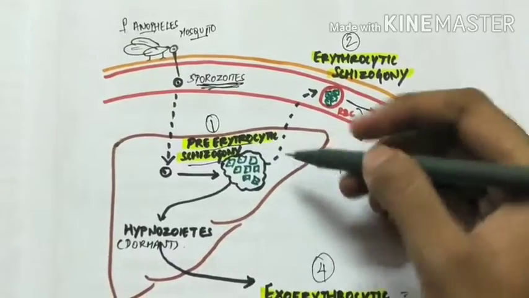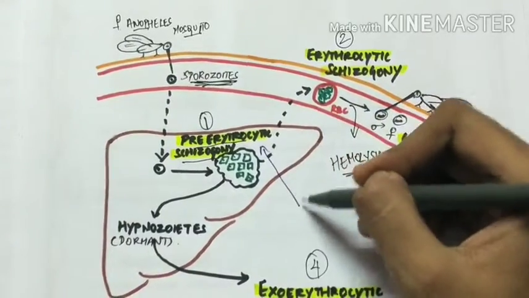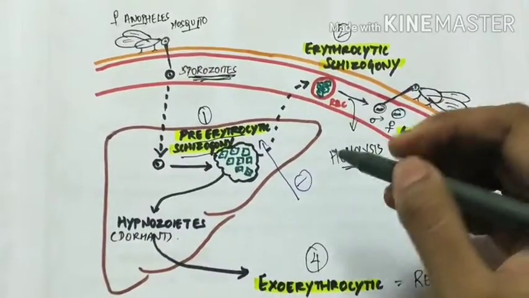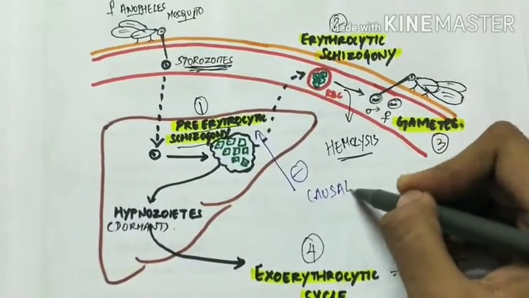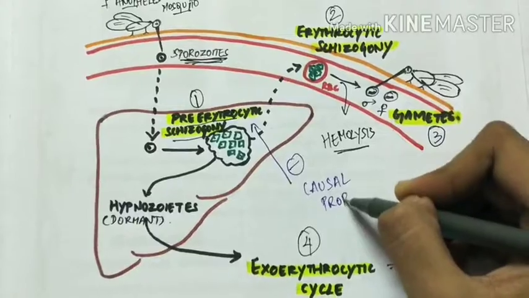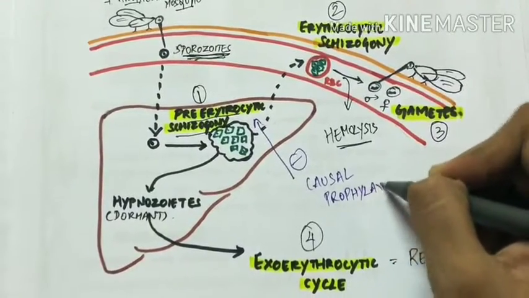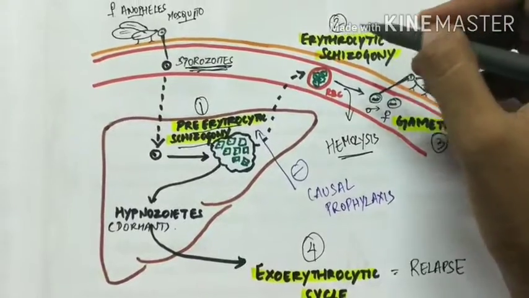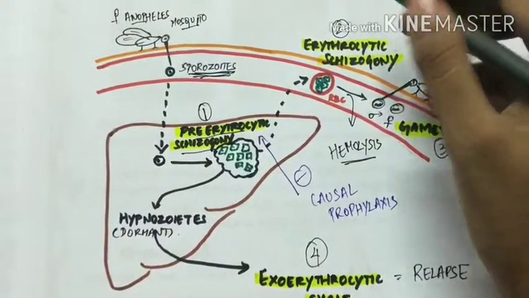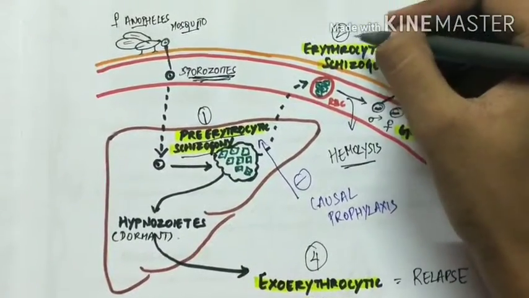First, inhibiting pre-erythrocytic schizogony. This is called causal prophylaxis. And second, inhibiting the erythrocytic schizogony. This is clinical cure.